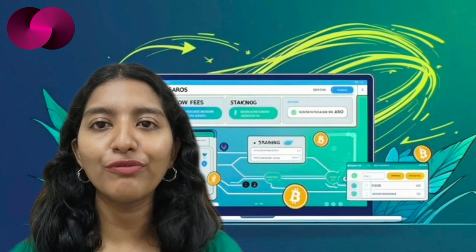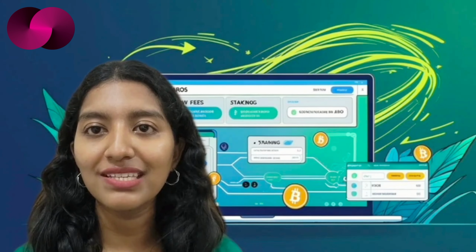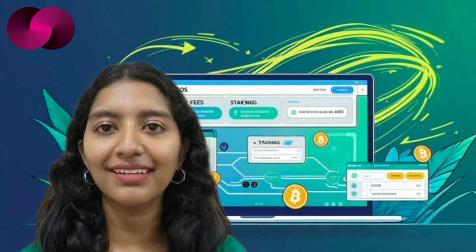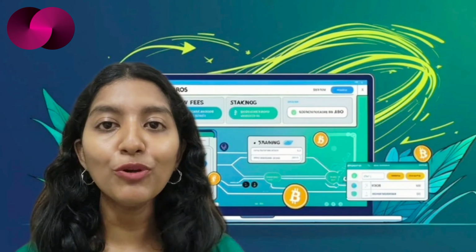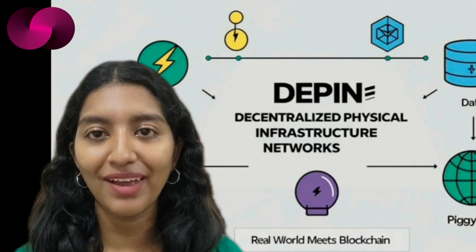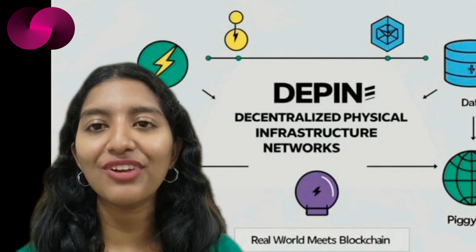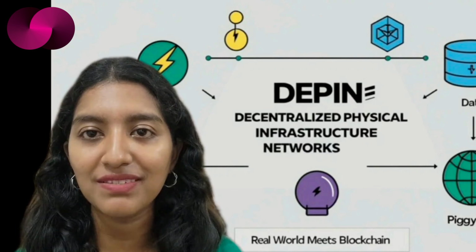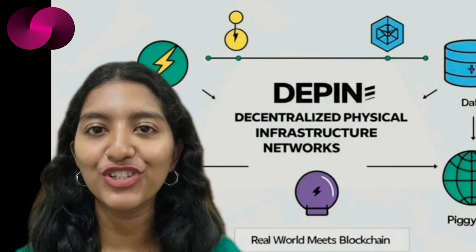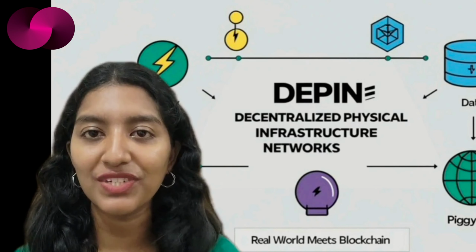Saros has been known for its focus on low cost, scalable DeFi tools on Solana and community driven events like Liquidity Ocean, which aim to boost user participation. This fits into a broader Web3 trend called DePIN, or Decentralized Physical Infrastructure Networks, where blockchain models are applied to services like energy, data storage, or connectivity.